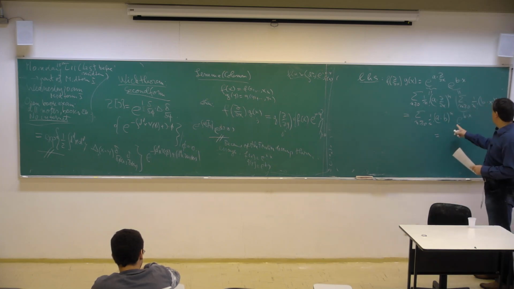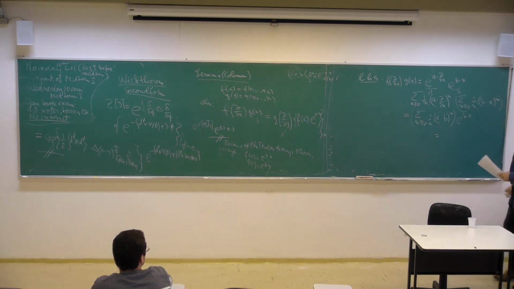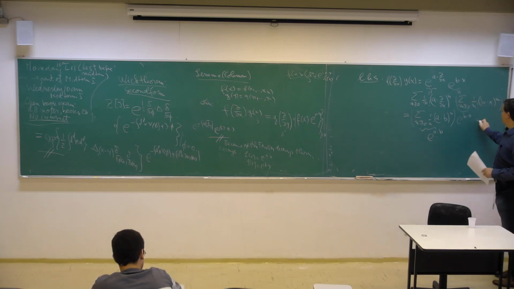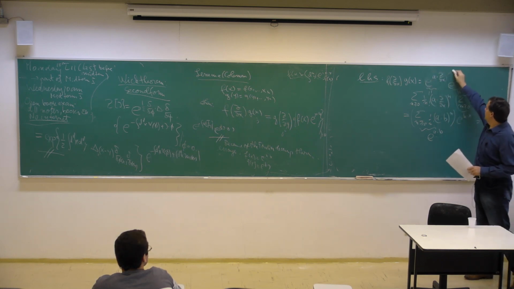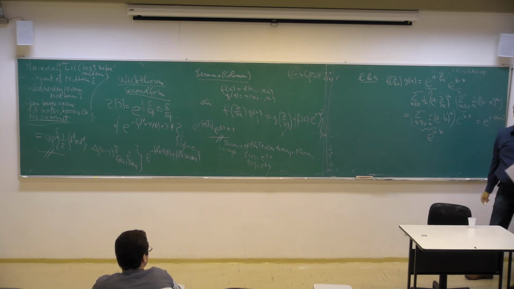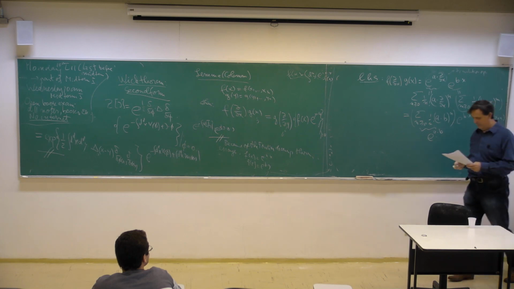And now, you see, this is a separate thing. I can just take it outside, and this itself is just e to the a dot b, which means this is e to the b dot x plus a, right? Which amounts to saying that this operator is actually the translation operator. A fact which perhaps you know. But this is a formal proof.